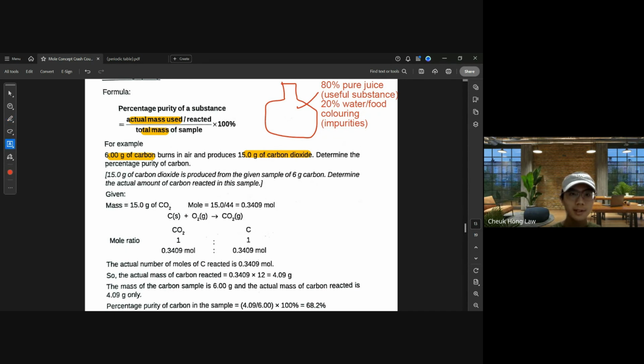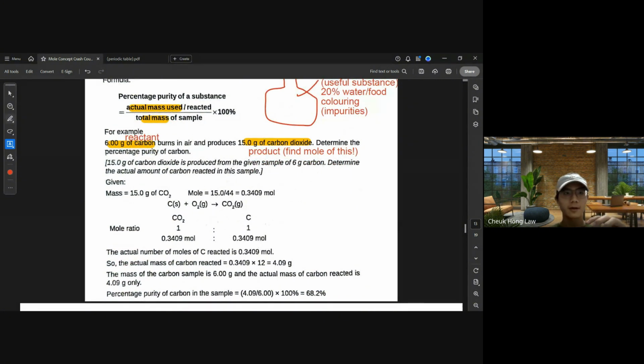In this case, carbon is the reactant, and carbon dioxide is the product. Always find the number of moles of product. So the product is carbon dioxide. I'll take 15 grams divided by the Mr to get 0.3409. So how do I find the Mr of carbon dioxide? Carbon dioxide is CO2, correct?